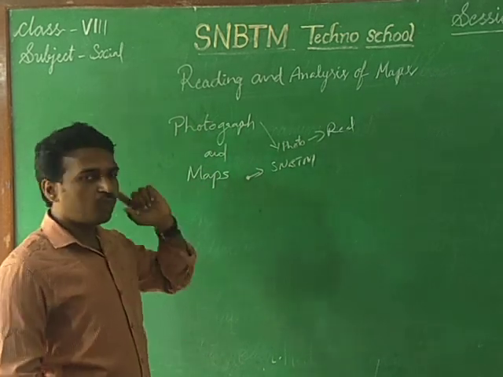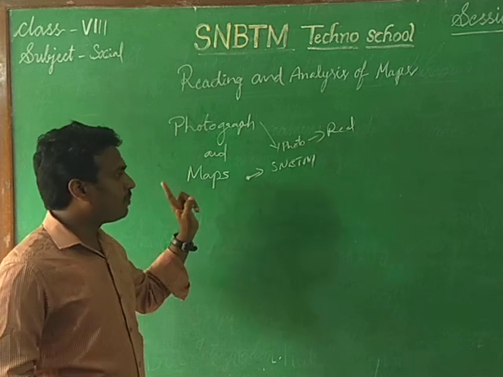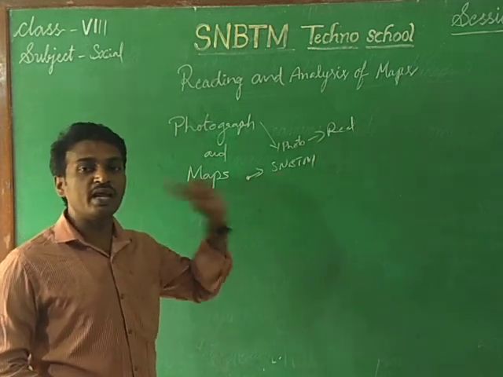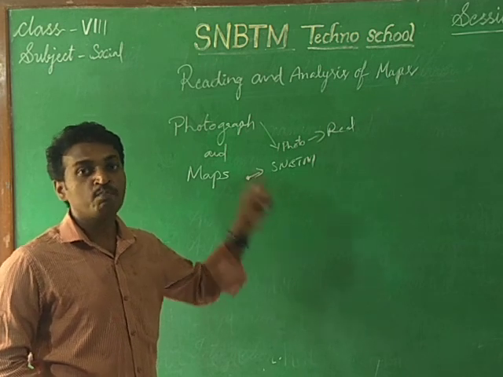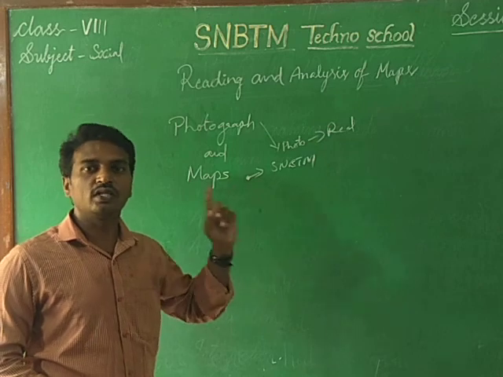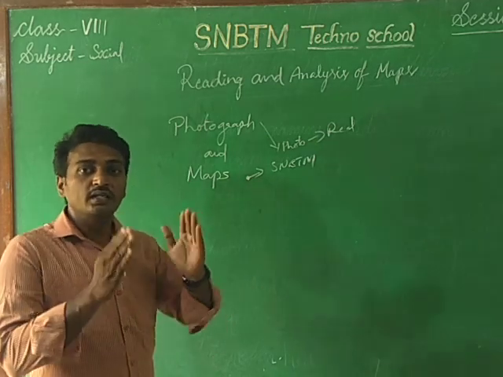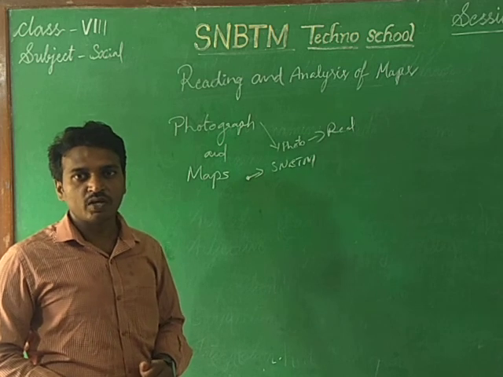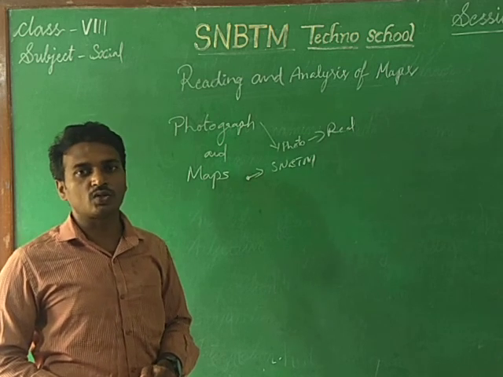Understand? And one more thing is, while preparing the maps, geographers leave out many features, like individual houses and trees and some other things. Why? Because they do not draw the real picture in the map while preparing it. It is not possible also.